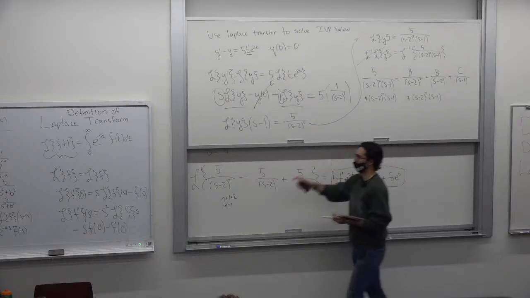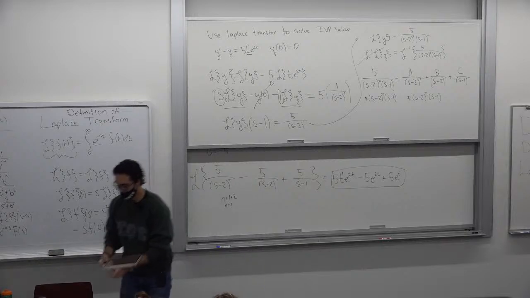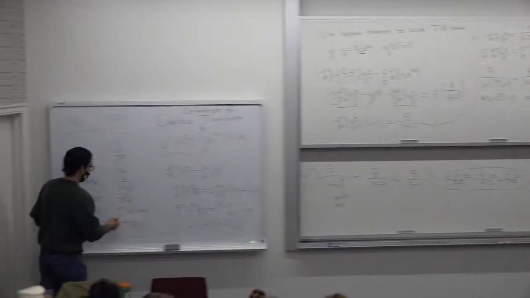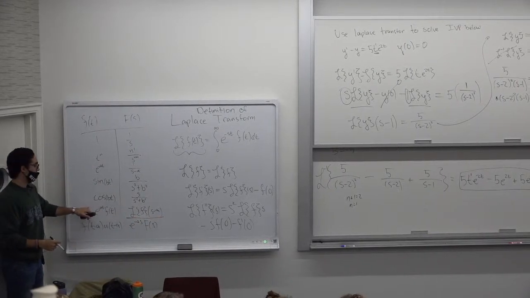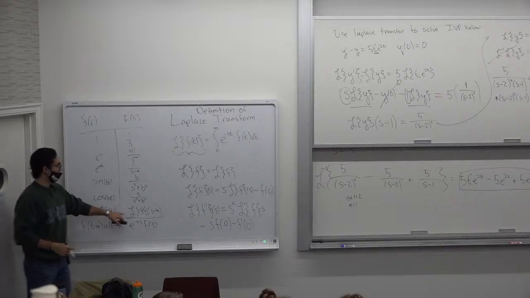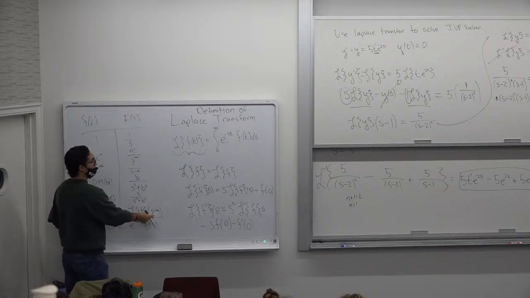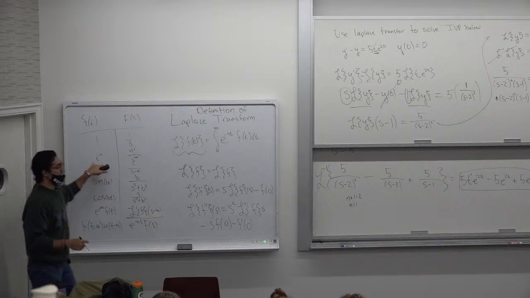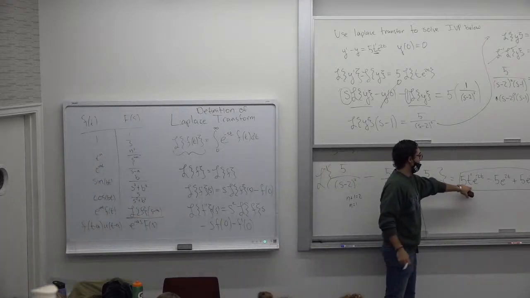I did the inverse Laplace transform of this. So if we're using this here, this function is saying that we have e to the at times f of t. So here our function is t to the n.